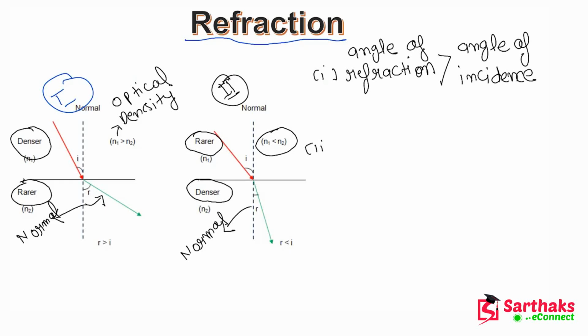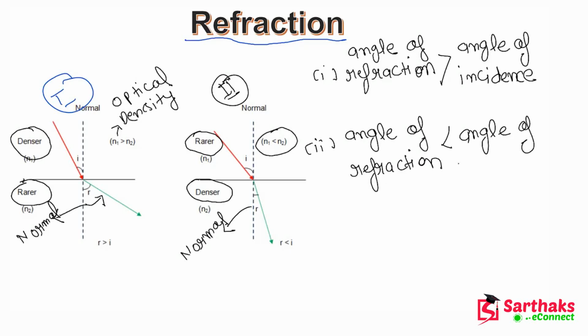But in the second case, when light was bending towards the normal, the angle of refraction is smaller than the angle of incidence.